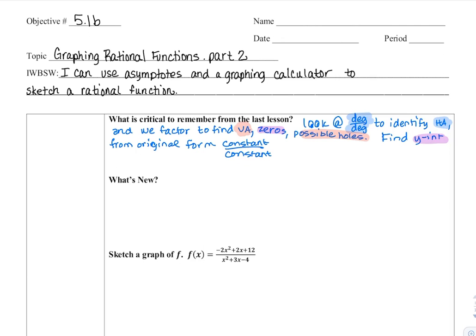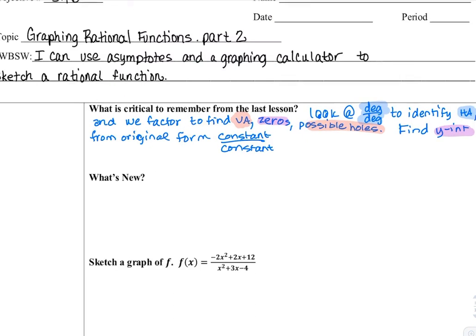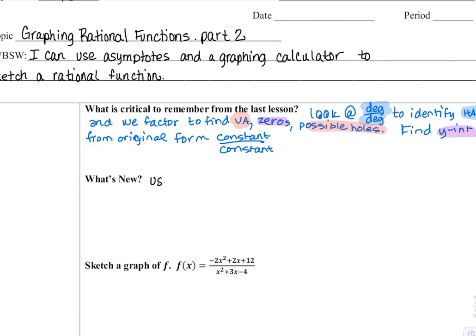Let's talk about what's new. What's new is we will be using the calculator to find values near the asymptotes. Let's just say the vertical asymptotes.